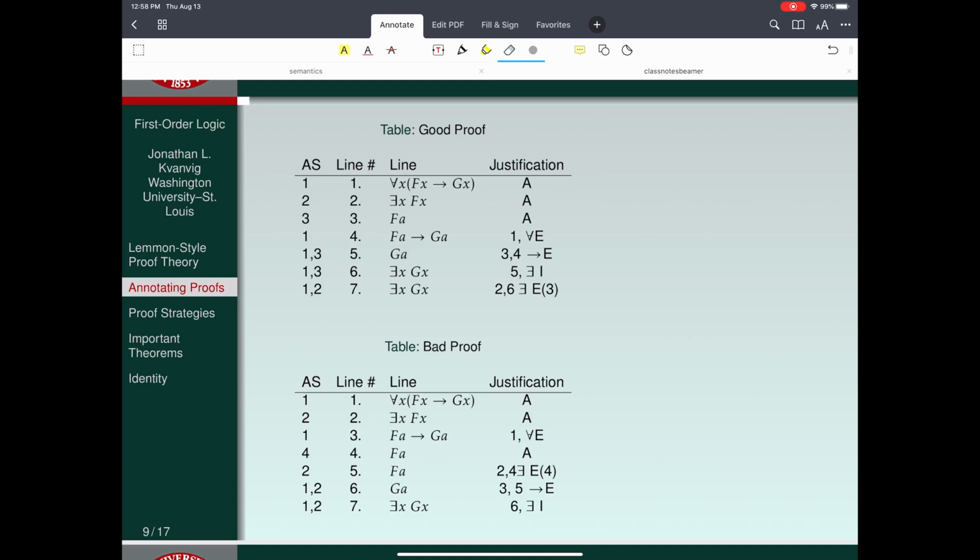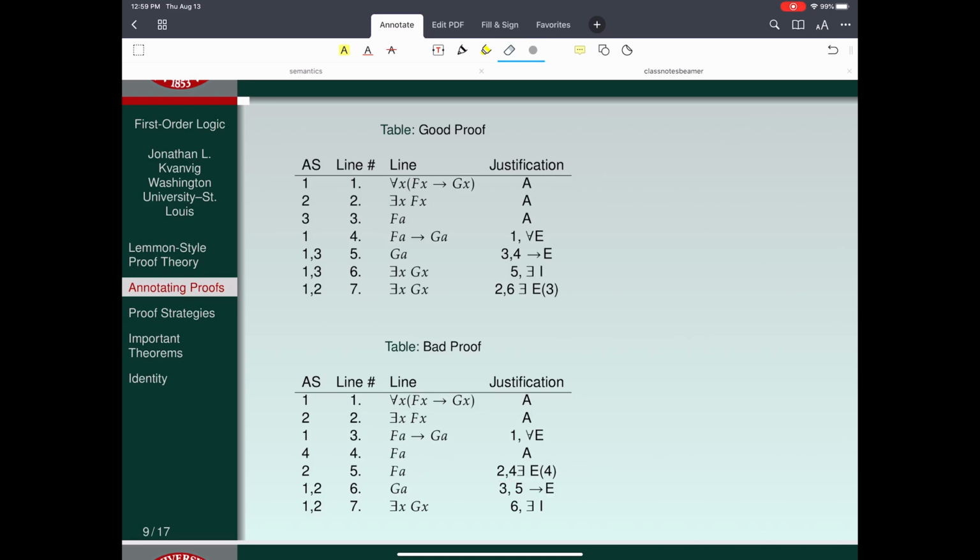So I repeated line 4 and discharged assumption 4. That fits the form of the rule because 2 is an existentially quantified formula. Notice that's one of the lines I cited. And 4 is a formula derived from 4 itself. So I use 2 and 4 by existential elimination to discharge 4, and then I get FA relying only on premise 2.